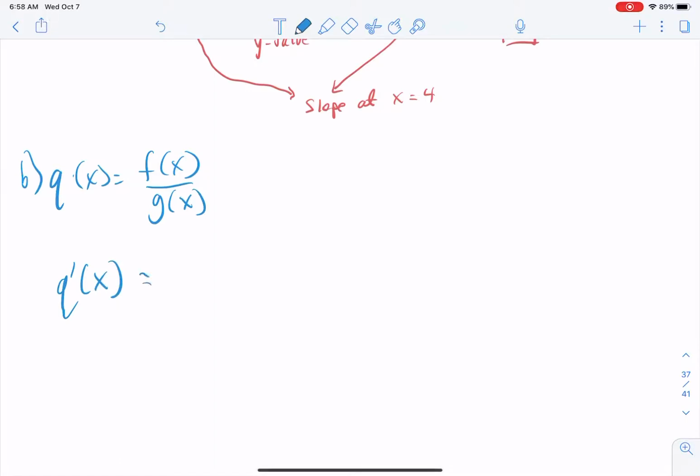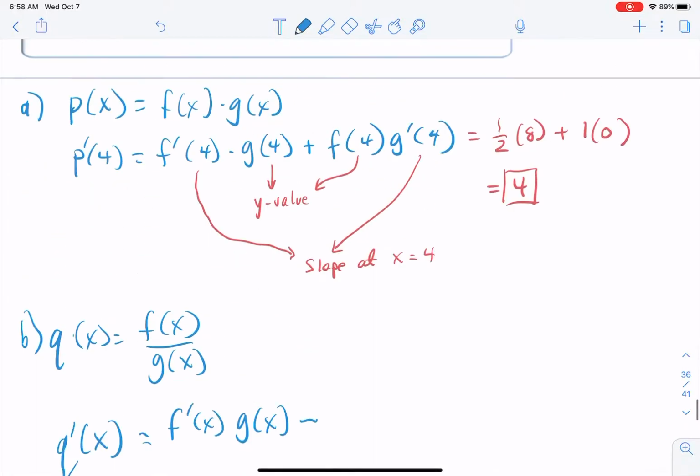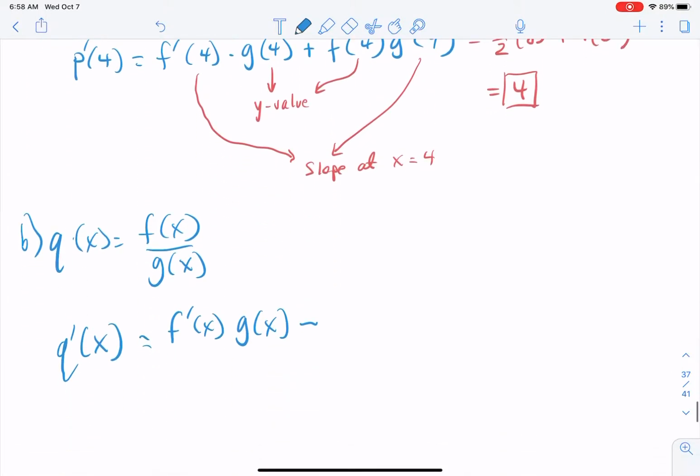Okay, so derivative of the top, f prime of x, times the bottom, g of x, minus. Don't get the minus and the plus confused for the quotient rule versus the product rule. And then the top times the derivative of the bottom, all over the bottom squared.